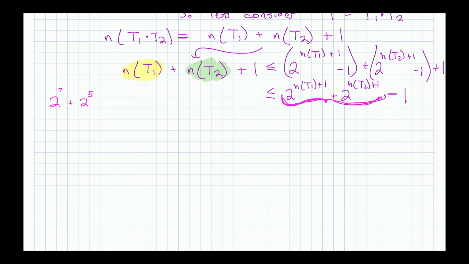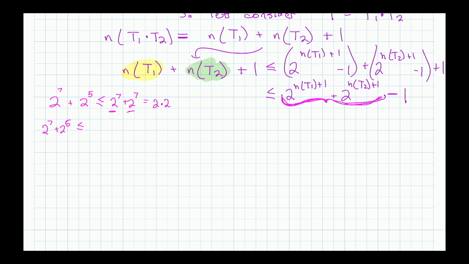Now, you can't really add those together. They're not like terms. But you could say that 2 to the 7 plus 2 to the 5 is less than or equal to 2 to the 7 plus 2 to the 7, because if you replace the 2 to the 5 with the bigger one, 2 to the 7, you've made it bigger, obviously.